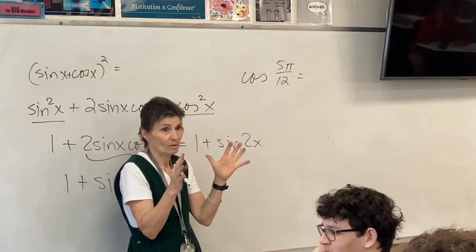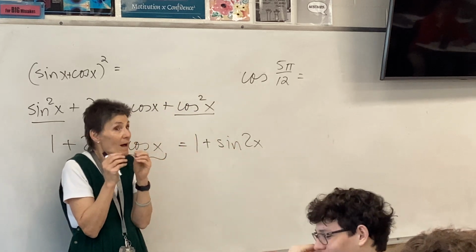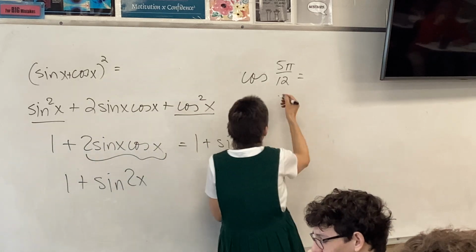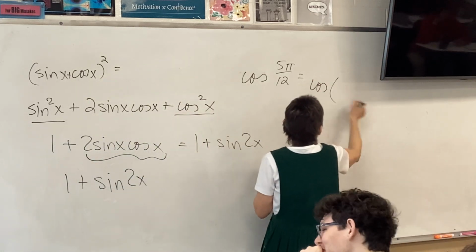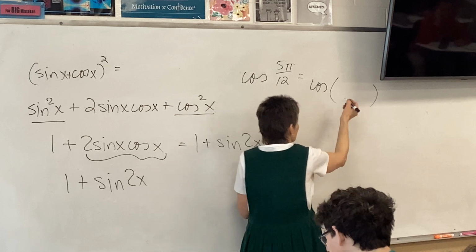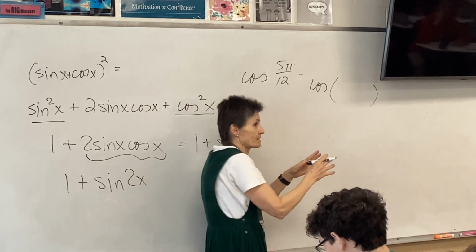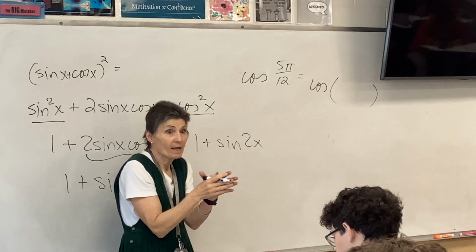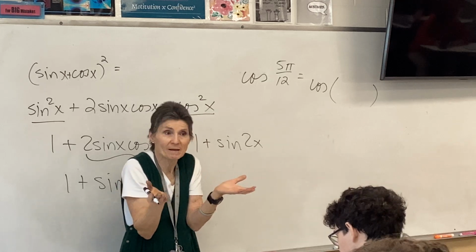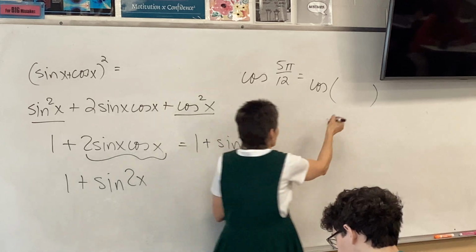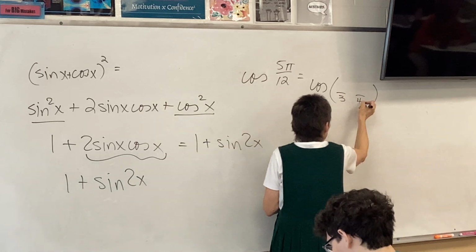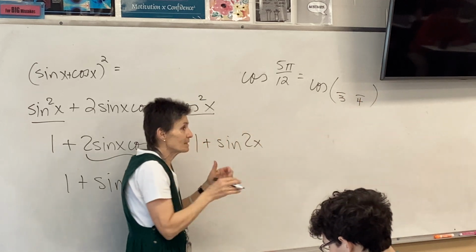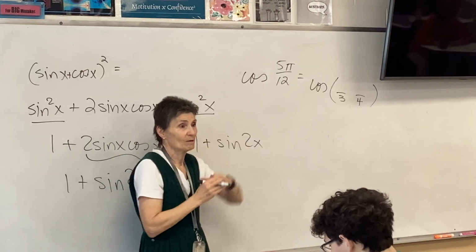Those are mine. So somehow I've got to rewrite that 5 pi over 12 as either the sum or the difference of some pi over 3s and probably pi over 4s, because that would make 12. So something over 3 and something over 4. I'm going to get a common denominator and end up with 5 pi over 12.